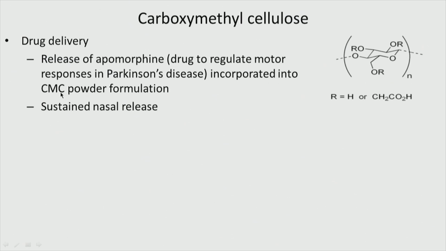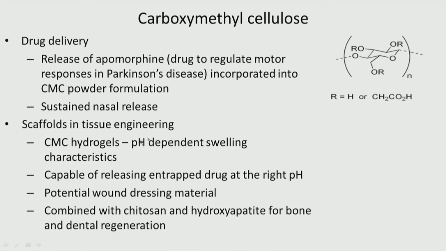When they are incorporated in CMC powder, then we can increase the sustained release of the drug in nasal applications. Scaffolds in tissue engineering: the CMC hydrogels have pH dependent swelling characteristics, so they can swell and absorb water, and hence they can capture drugs and then slowly release them at the right pH.